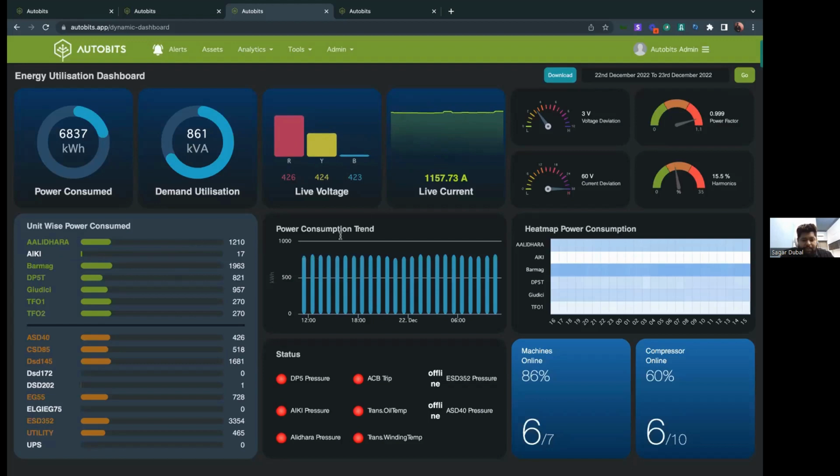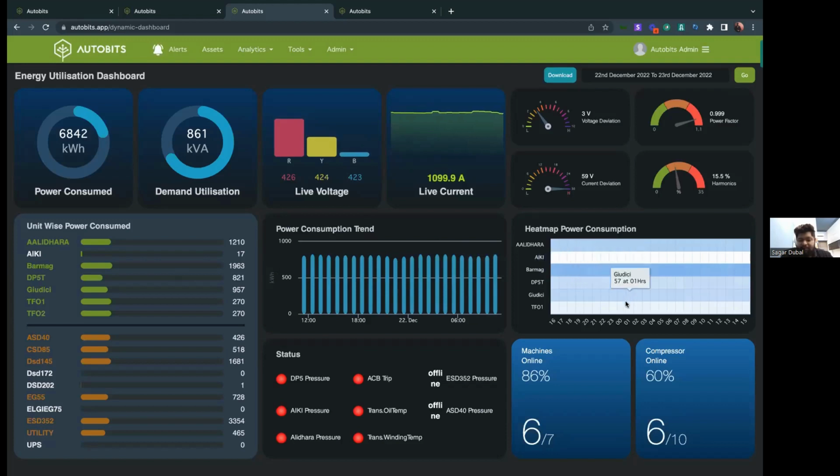Then what is the power consumption trend in the last 24 hours? You can see over here, my trend is almost the same, so everything is working healthy and well. You can see the power consumption trend through a heat map of all the machines, critical machines.